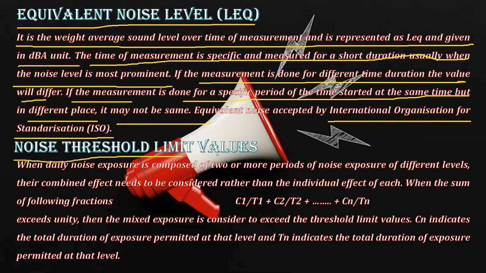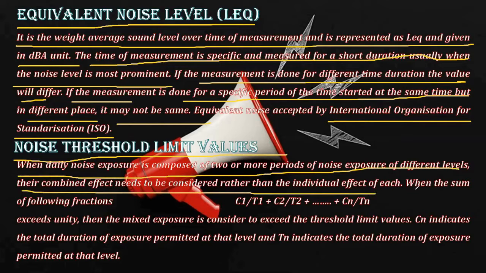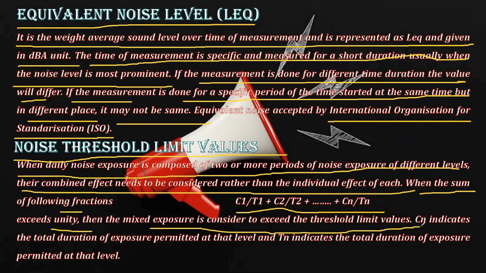Another is the noise threshold limit values. This is also very important. When daily noise exposure is composed of two or more periods at different levels, the combined effect is considered to be more than the individual effect, where the sum of the fractions C1/T1, C2/T2, etc. exceeds unity, and the mixed exposure is considered to exceed the noise limit value.